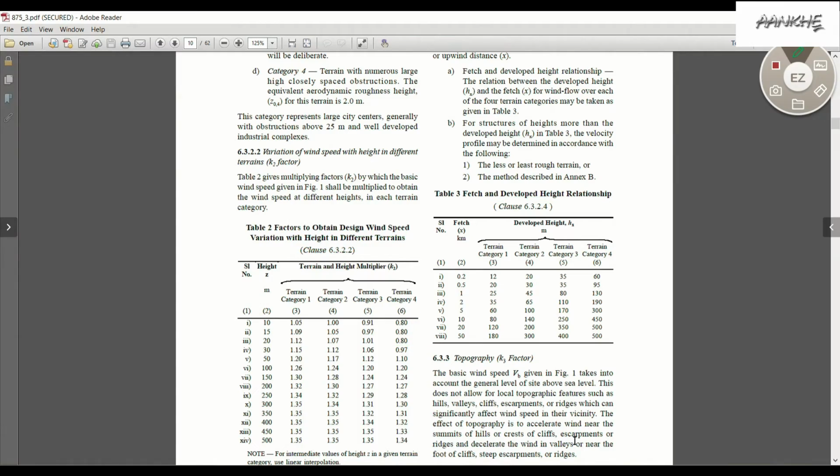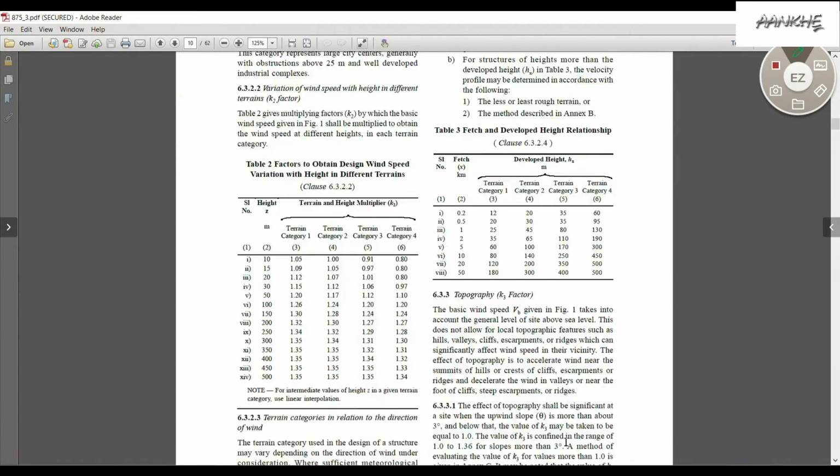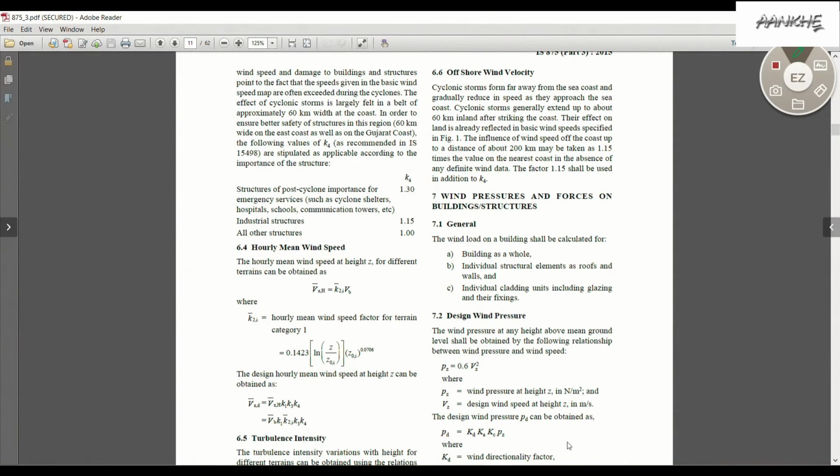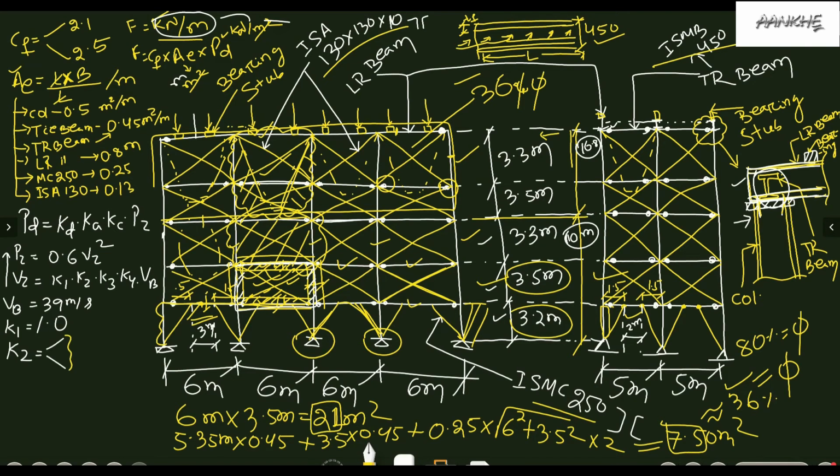Okay, next comes the K4 factor. You can see the K4 factor for an industrial structure, the code has defined 1.15. Okay, so our K2 comes 0.8, K3 is 1.0 and K4 is 1.15.